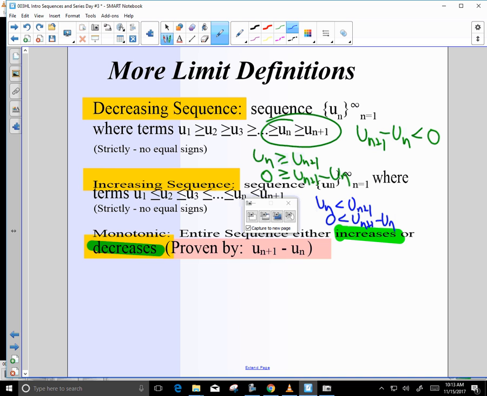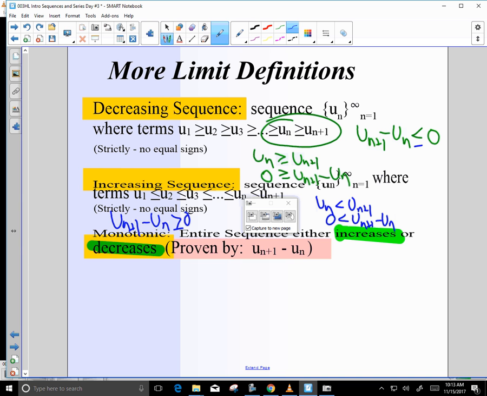So for increasing, it's u of n plus 1 minus u of n greater than 0 or equal. I think they have an equal in there. Okay, so that's for increasing.